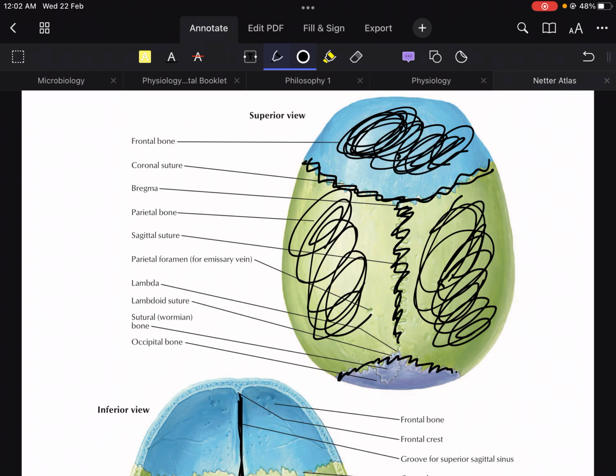And also, if any infection happens in the parietal part, it can't spread to the occipital bone because of this suture. Its advantage is that it's good for us that the infection can't spread from one bone to another.